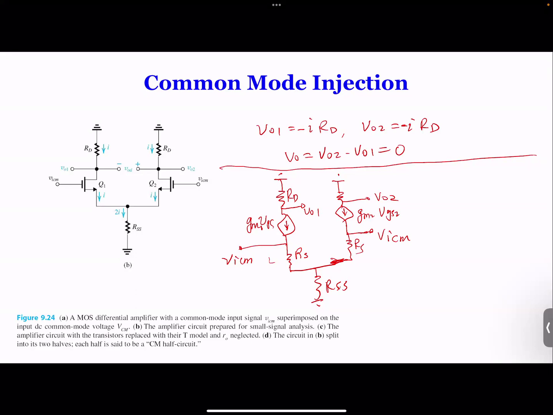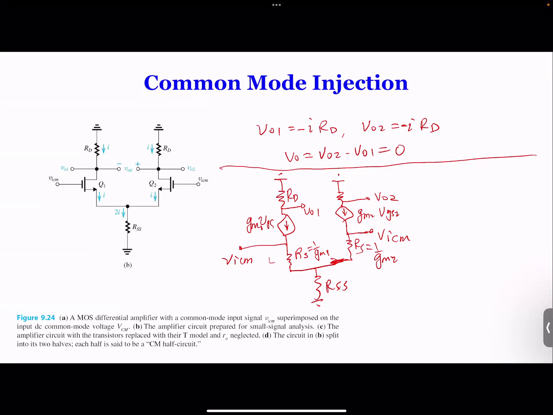So what you're looking at is, let me see what the expression is going to be for this. And then this RS equals 1 over GM. This is something we derived a long time ago.